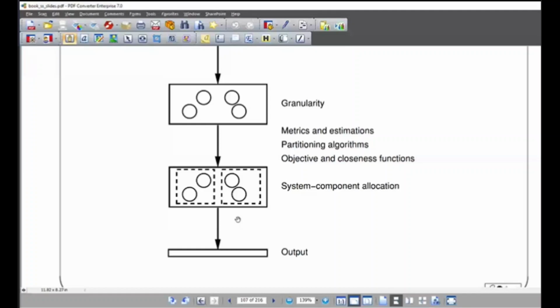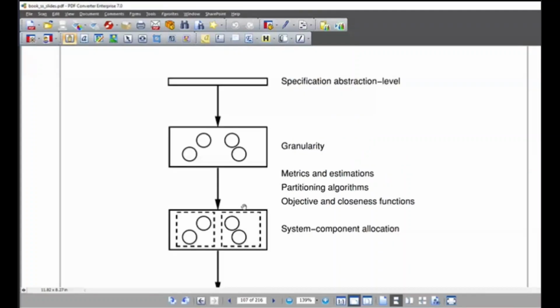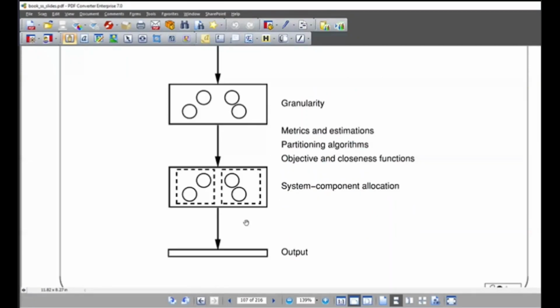So these are the basic partitioning issues: we first require to decide how many components there are, then decide which components are important and can be put together, and in the end we get this.